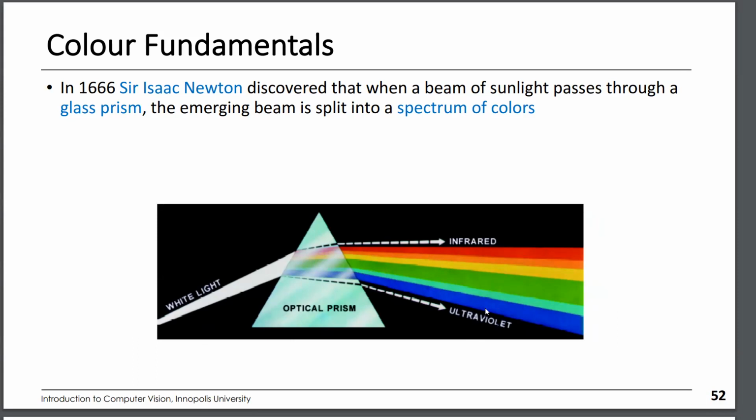Something very interesting about these rainbow colors is that they are ordered, meaning you could easily put a scale from 0 to, for example, 255 that represents all of these colors. So this is one interesting way of representing colors in one value.